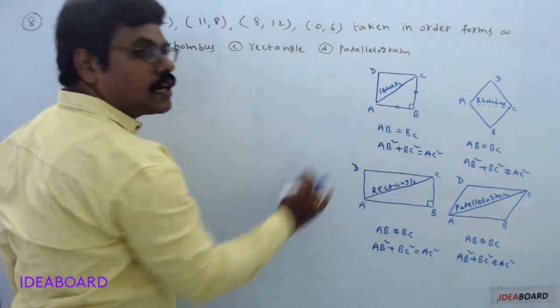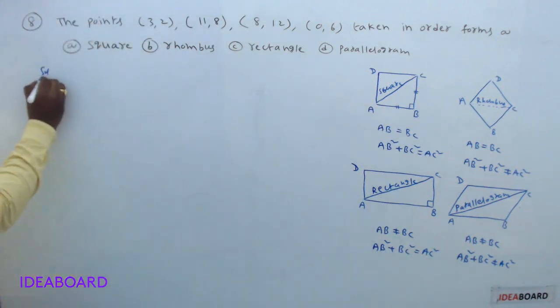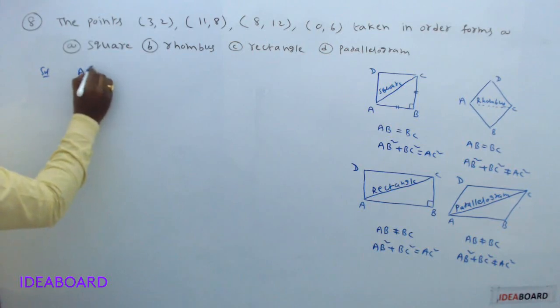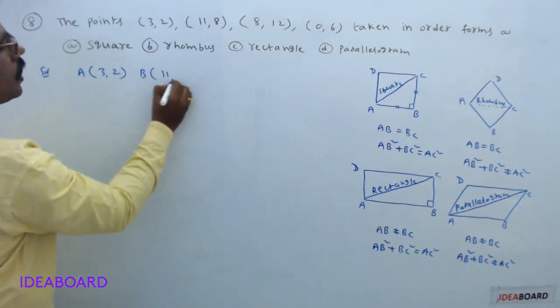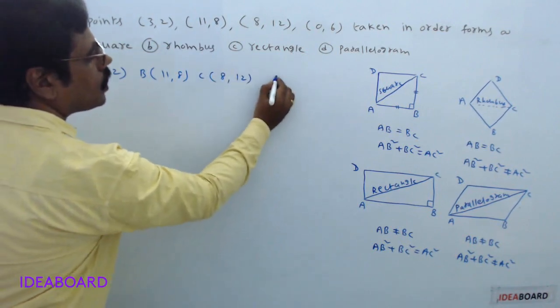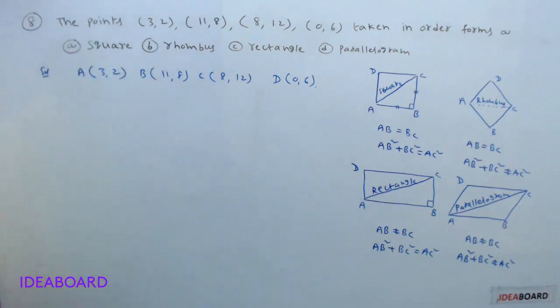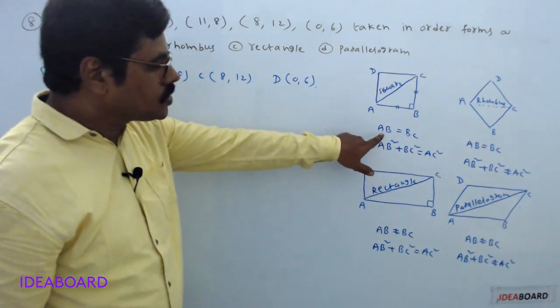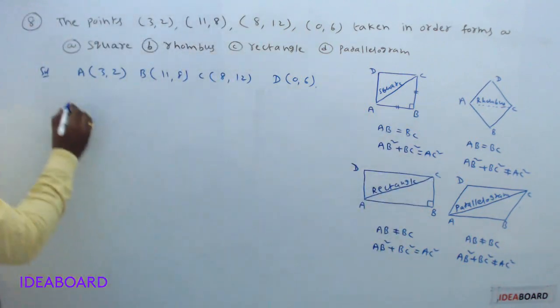Now apply these conditions on your given problem. First denote the given points as A (3, 2), B (11, 8), C (8, 12), D (0, 6). First calculate the values of AB, BC and AC.